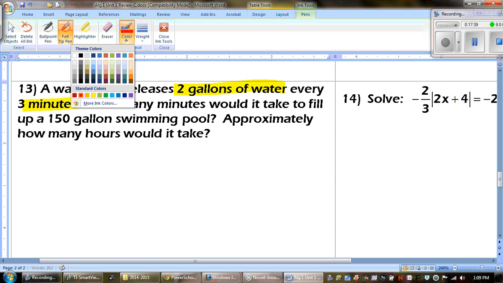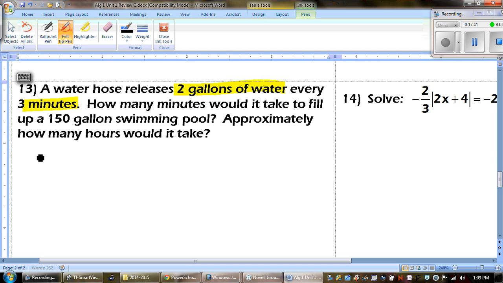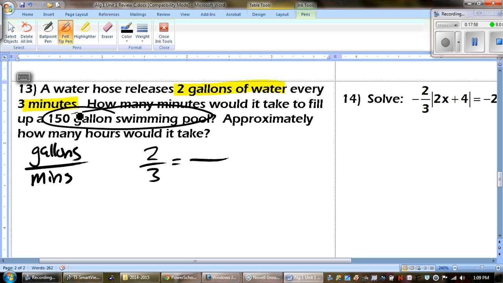So the 2 things that we're talking about here are gallons and minutes. They tell us that there are 2 gallons for every 3 minutes, and they want to tell us how long it would take to fill a 150 gallon swimming pool. So those are our gallons, and then x is on the bottom.